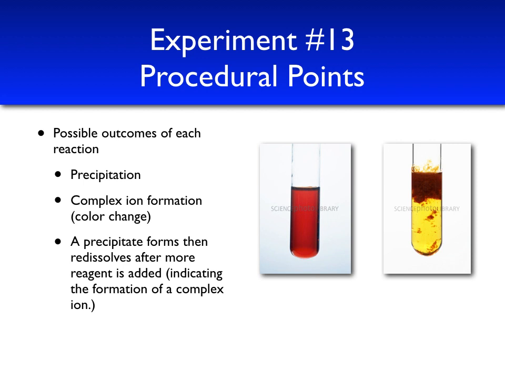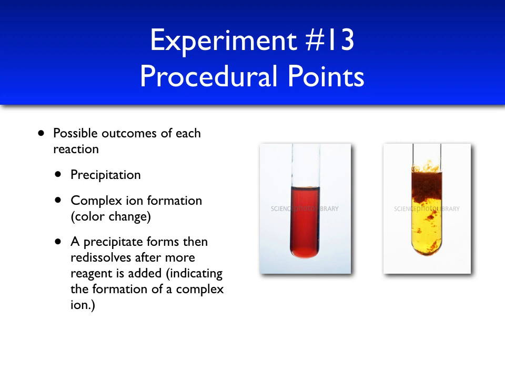For this experiment, it's important to note that there are going to be 3 possible outcomes for each reaction that we perform. The first outcome is that you can observe a precipitation reaction, the formation of a solid between 2 clear solutions. The next 2 observations are related to the formation of a complex ion. You'll know if a complex ion is forming if one of the following 2 things are true.